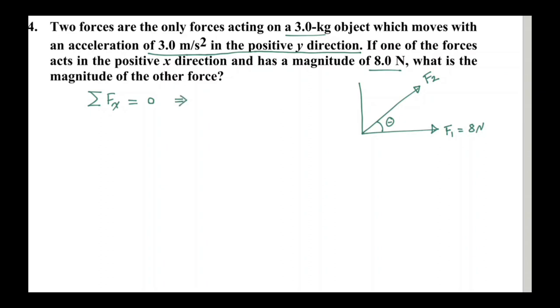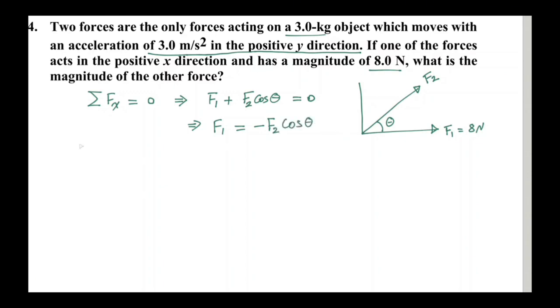In the x direction we have F1 plus the other force F2 cosine theta equal to 0. And from this one here, F1 is equal to minus F2 cosine theta.